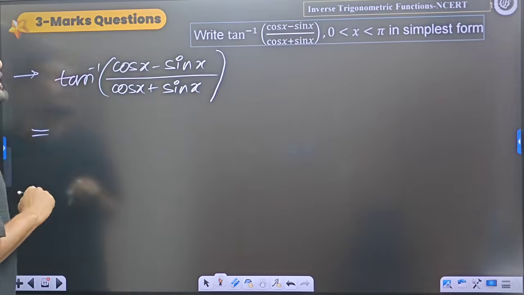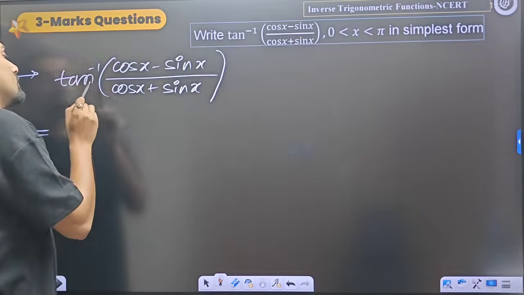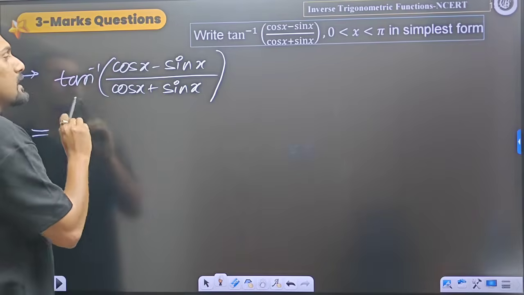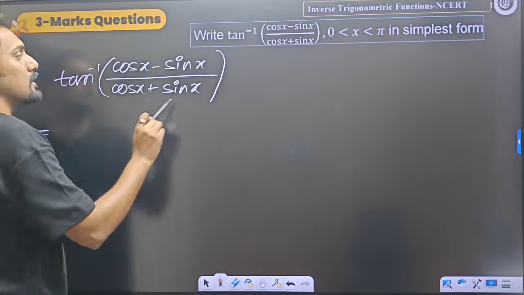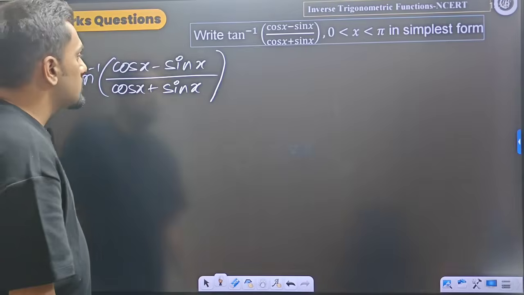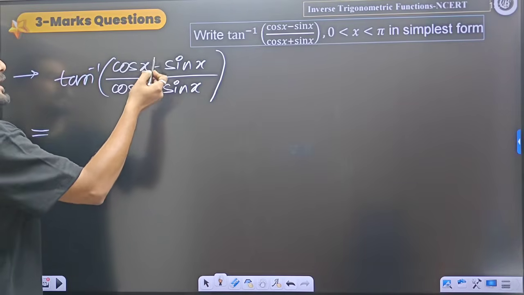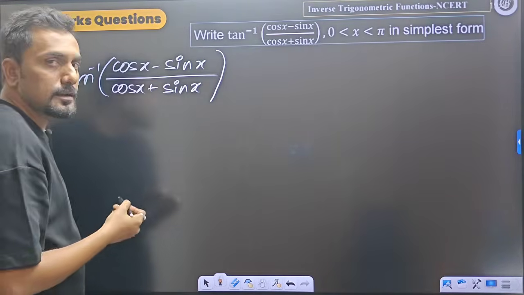See, if I divide this, the outermost function is tan inverse, so I need to convert this in terms of tan. For that, what I will do is divide both numerator and denominator by cos x.